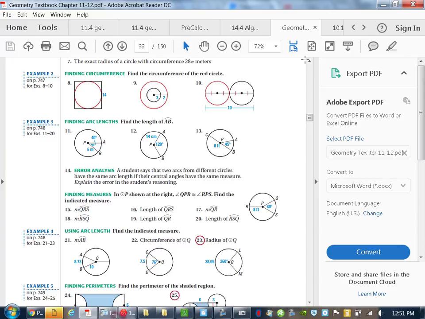What's circumference? Circumference, 2 pi r. Circumference, pi times diameter. So, if said diameter is 14, its circumference is?